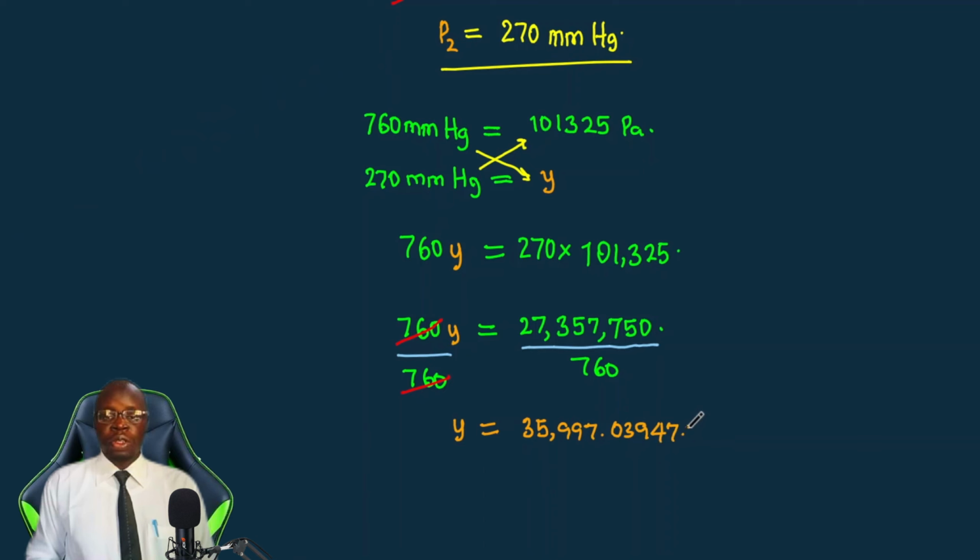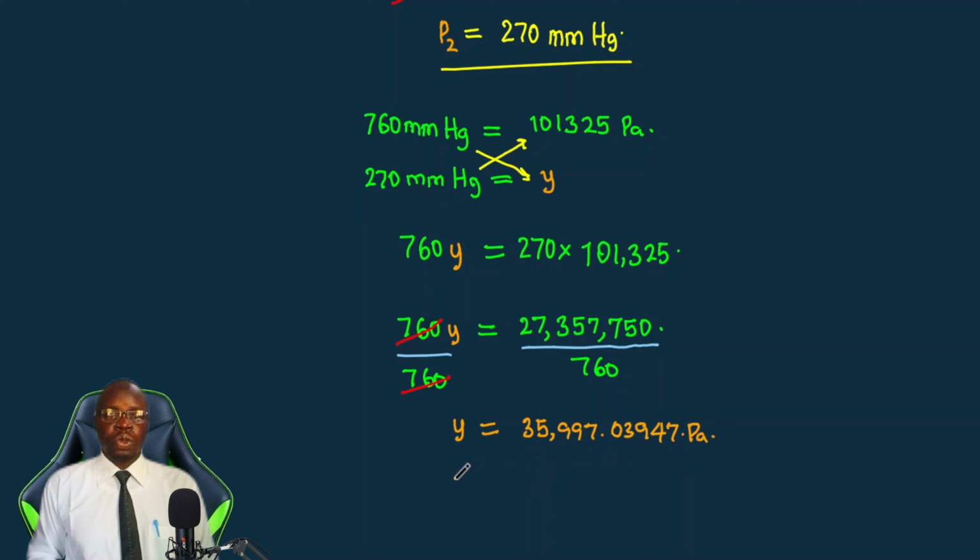And of course, this one is in pascals. So if you wish, you can write it in standard form or scientific notation, or you can just round it off to 2 decimal places. I think this time let us write it in scientific notation.